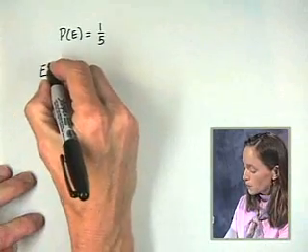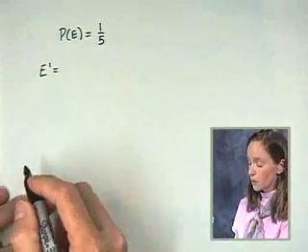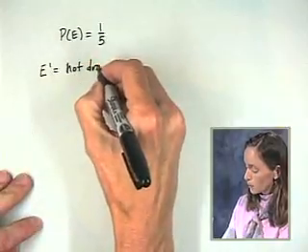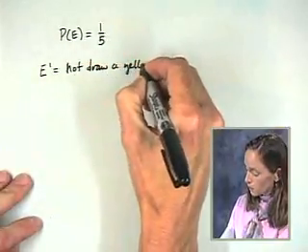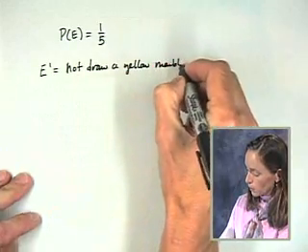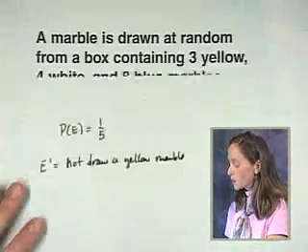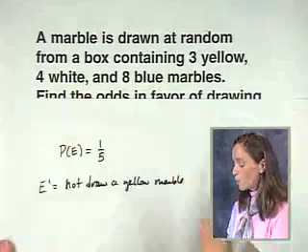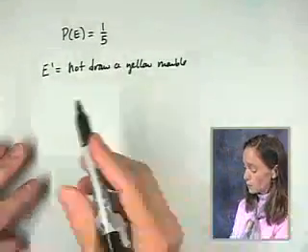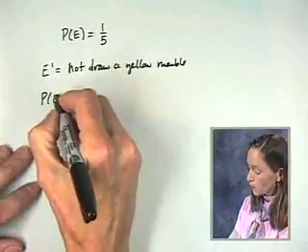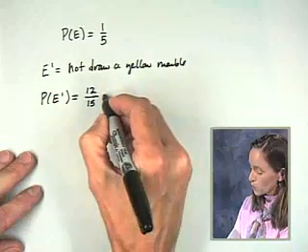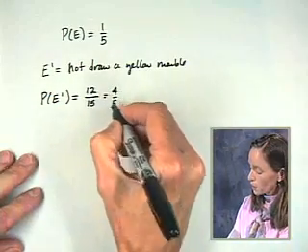The complement of the event drawing a yellow marble is the event that we do not draw a yellow marble. And in our box, we had 3 yellow, 4 white, and 8 blue. There are 12 marbles that are not yellow, so the probability of the complement is 12 out of the 15 marbles, which reduces to 4/5.